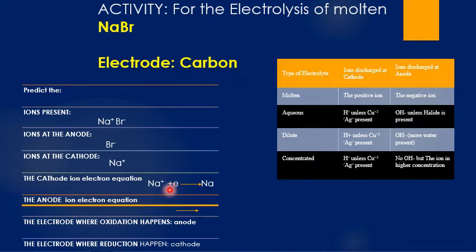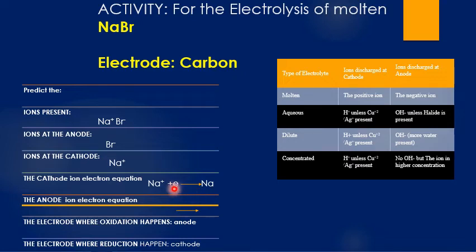Then you put the electron, which produces the sodium atom. The reason we have the plus e- here is that we have to balance the equation with the electrons.